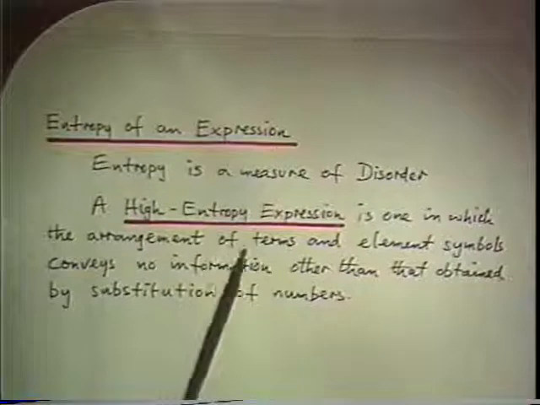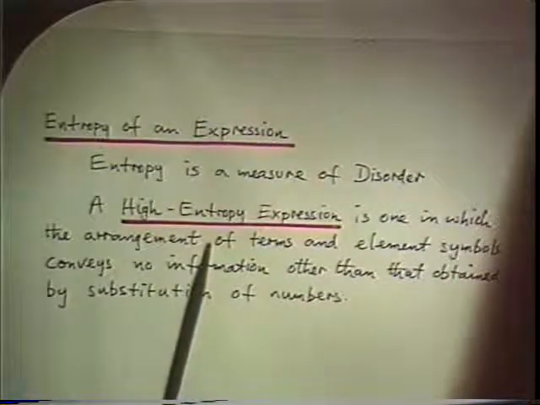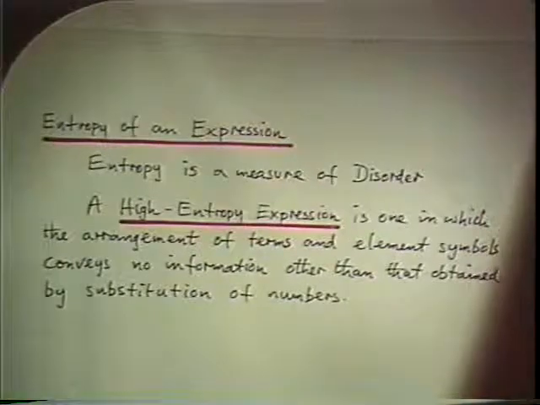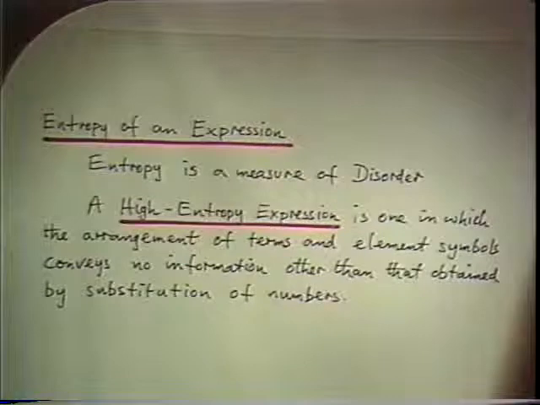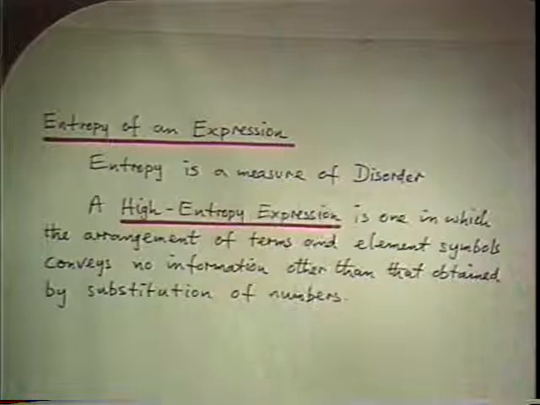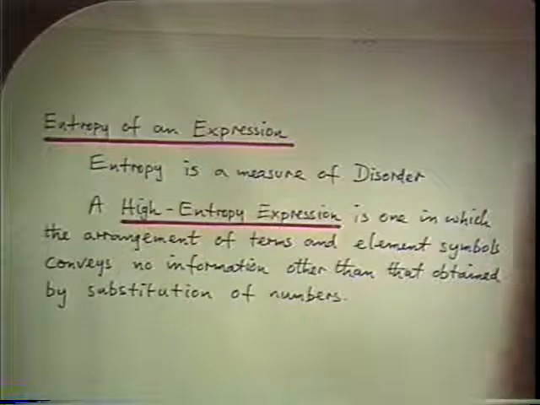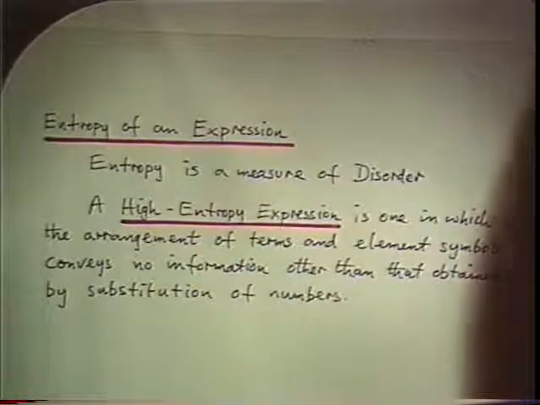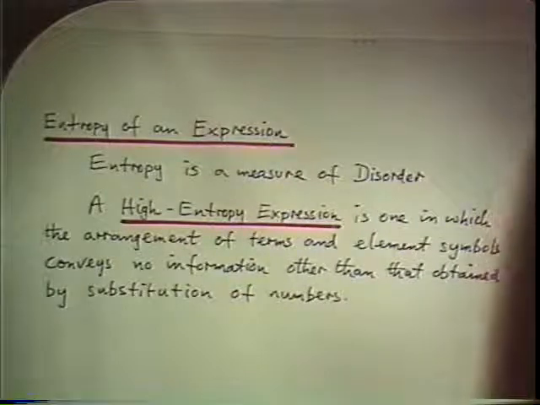I'm applying this now to an equation, an expression, the result of your analysis. The gain equals a mess of symbols. It's a high entropy expression if the right-hand side of that equation is just that, a mess of symbols, the way it comes out of the algebra. And that's the way most of us do it.